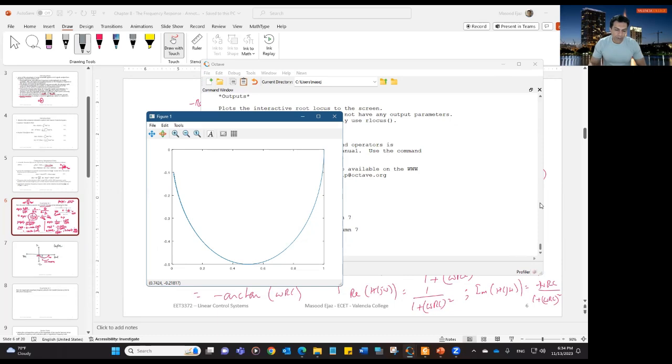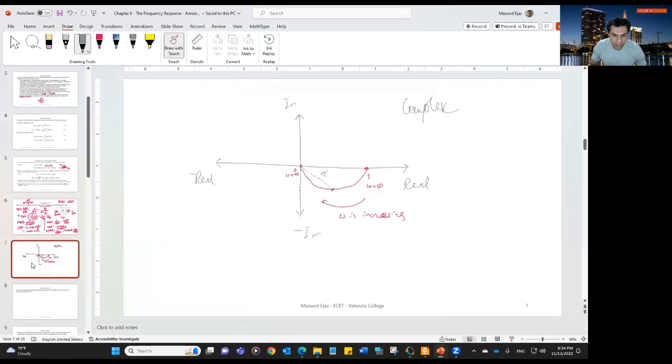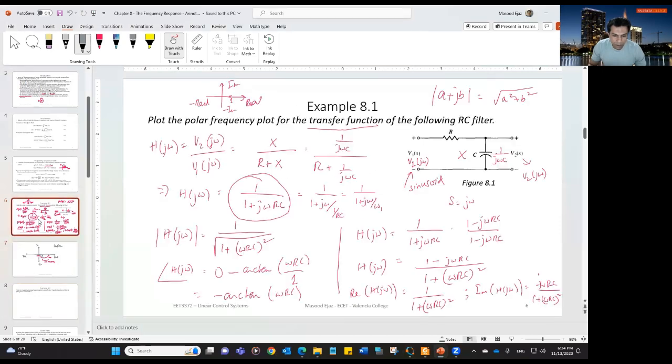So that's the polar plot, the first type of plots. The second type of plot is the one that we use actually very frequently, which is the plot of magnitude versus frequency and phase versus frequency in 2 separate plots. So your x-axis is frequency, whether it's in omega, angular frequency, or f, cyclic frequency.